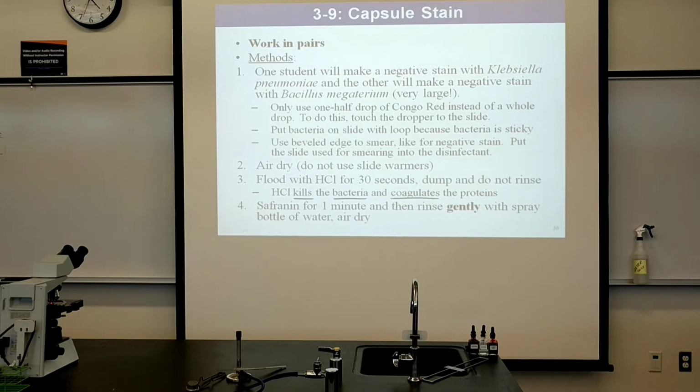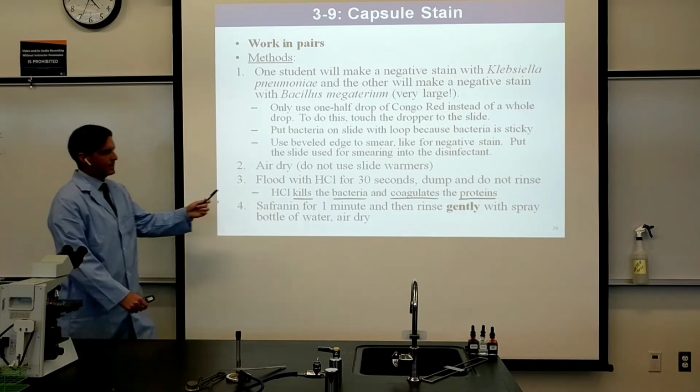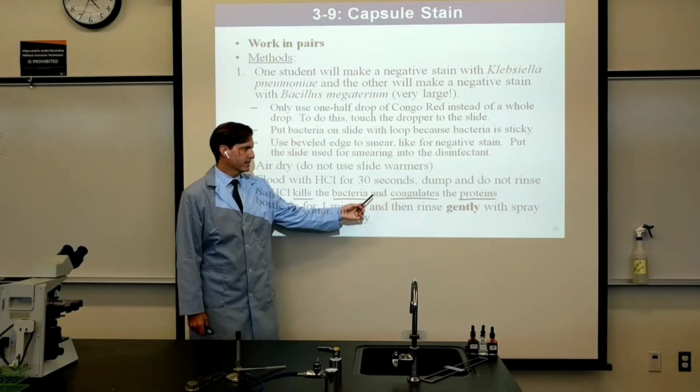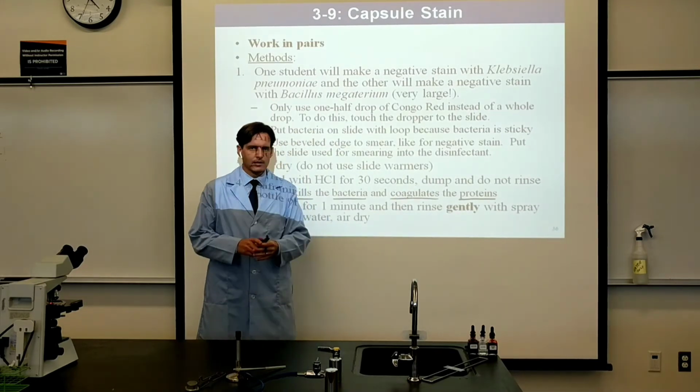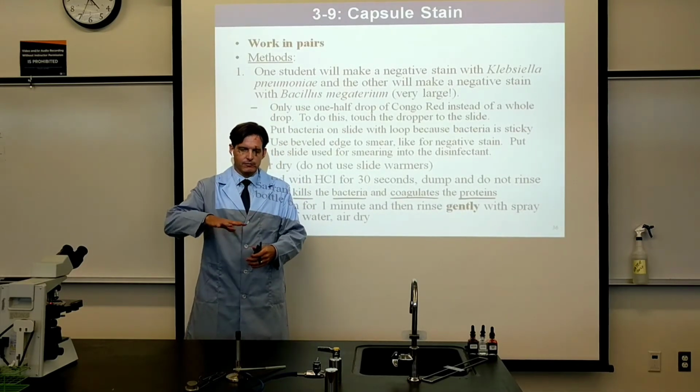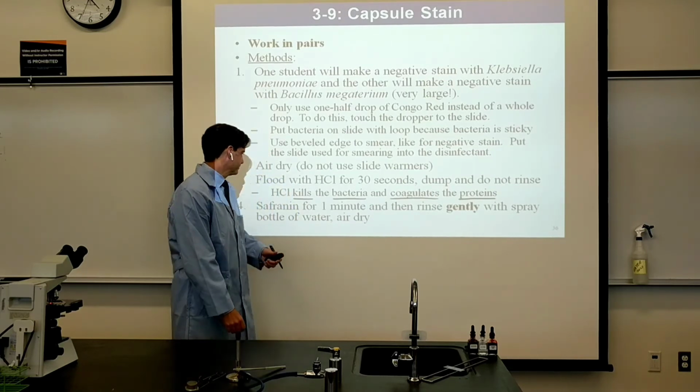That's something we have to have ways of doing, making our samples safe. And understanding also that what the hydrochloric acid does is stick the bacteria to the slide. When the proteins coagulate, it also causes them to fix down onto the slide.